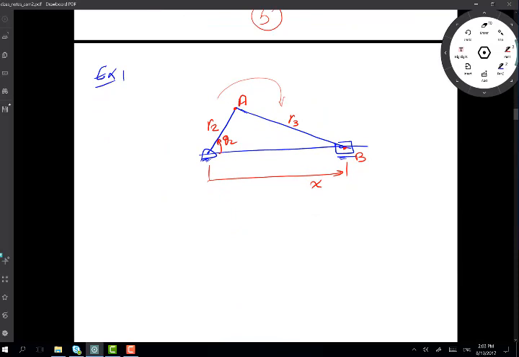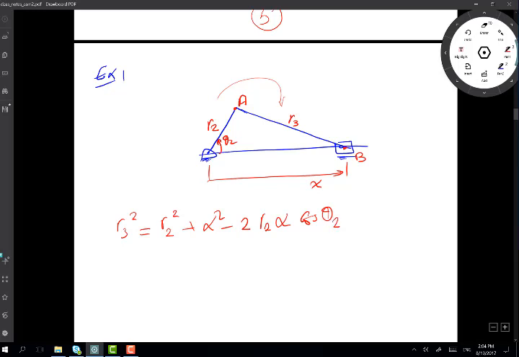All right, so if I go R3 squared, that's equal to R2 squared plus x squared minus twice R2 x cosine of the angle between them, which is theta 2.